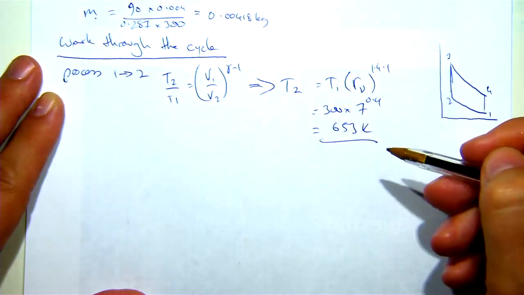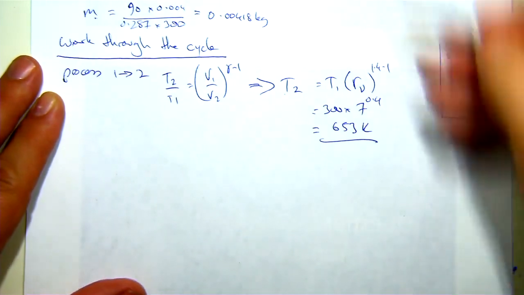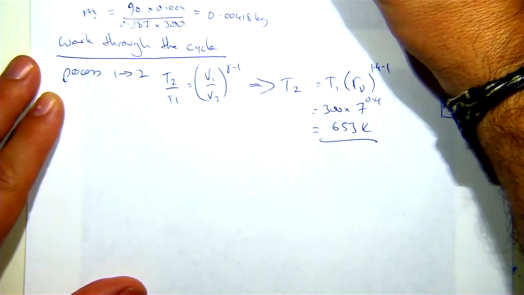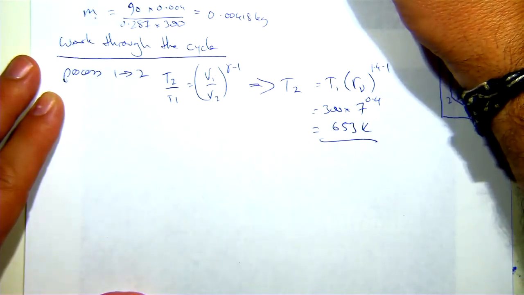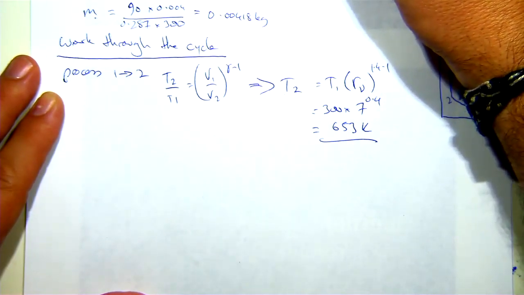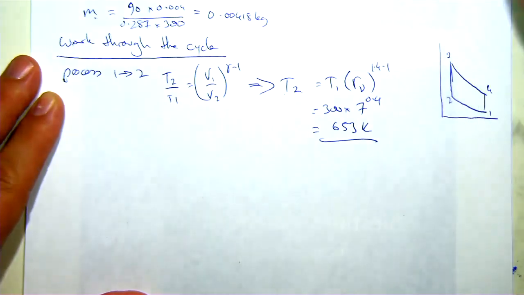That's a good beginning. That's given me T2. And I had volume at 1, I could get volume at 2, I could get specific volume at 2. I've got lots of things that I could determine at 2.